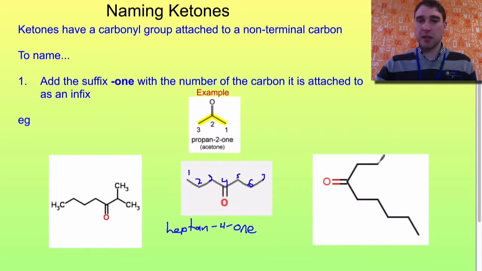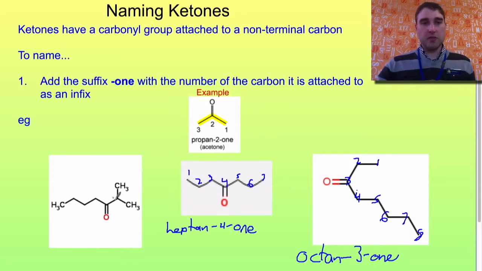On carbon 4 we've got the ketone group, and the suffix is -one. If we have a look at this one over here, we count from this end because that'll give us the lowest number. So 1, 2, 3, 4, 5, 6, 7, 8. So it's going to be octan because we've got 8 in the parent carbon chain: octan-3-one. If we look at this one over here, we've got a methyl group, so that makes things a little more complicated. We could number from here or here, it doesn't make a difference.